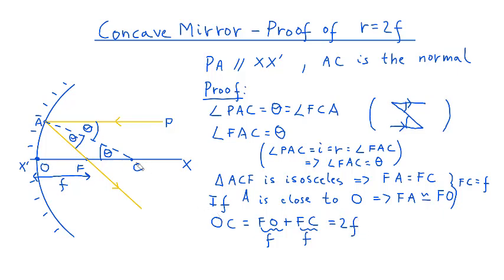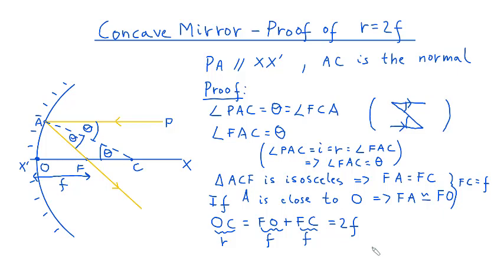But OC is just the radius of the concave mirror. So we can call this R. And let me point out that this R here, the radius, is completely different from this R that I used here. This was an angle, the angle of reflection. So please don't confuse this R with this R.